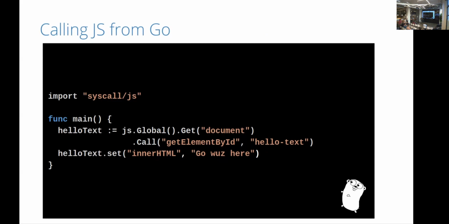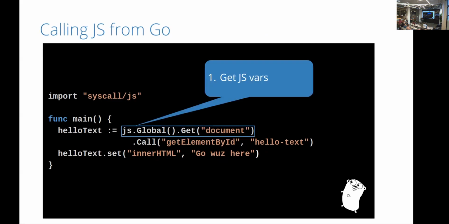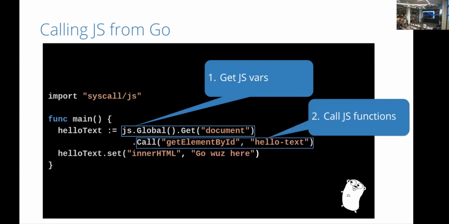So in this first example, I'm using Go's syscall.js package to access JavaScript values and call JavaScript functions. Here, we can see that this package lets us get global JavaScript variables, like the entire document object model, or DOM. We can also call JavaScript functions like getElementById to get specific elements in the DOM.